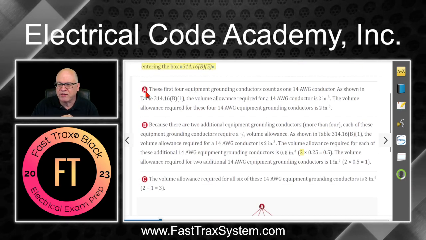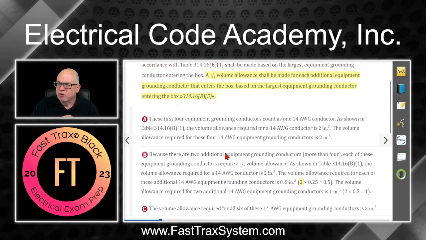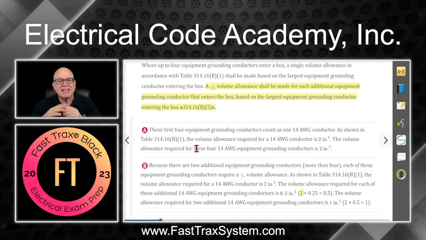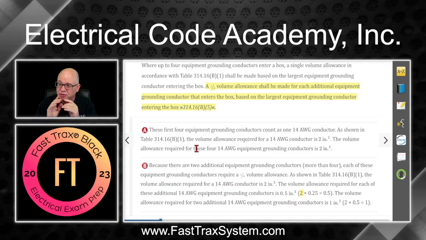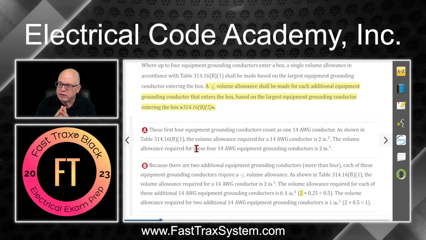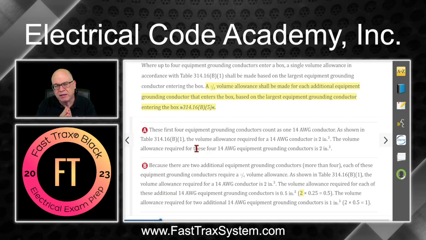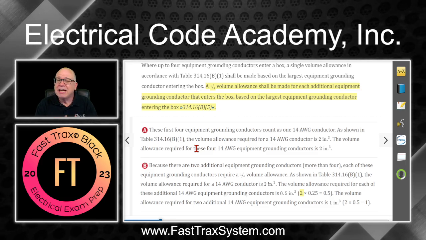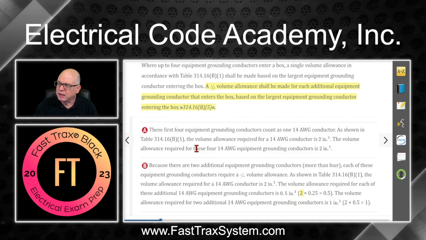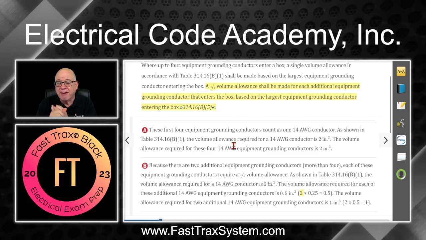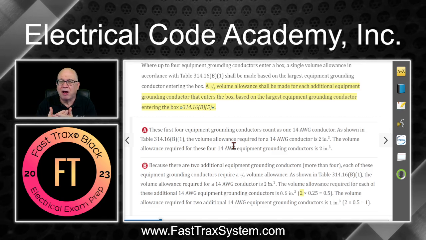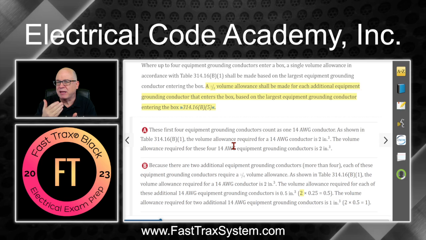All right, so what is A? These first 4, it's just like what we did in the previous video. All of these are going to count as one volume count. And since these are 14 gauge, if we went to 314.16(B)(1), we saw that the volume for a 14 gauge conductor is 2.00. Now remember, for every equipment grounding conductor that exceeds 4, we have to account a quarter volume allowance for each one.